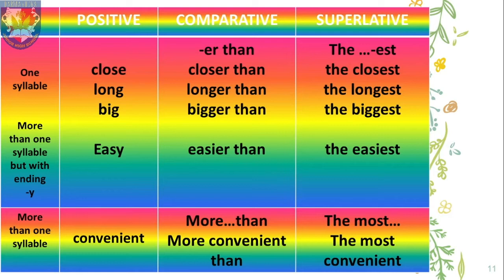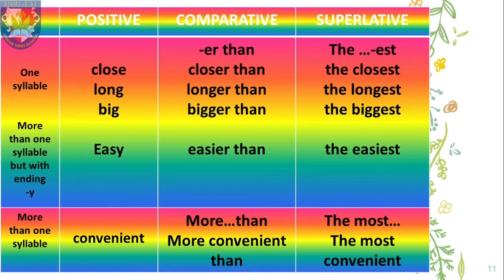More than one syllable but ending with y. For example, easy. The word easy ends with y, so the comparative form is easier. Y changes into I, and the superlative form is the easiest. And if it is more than one syllable, as the example, convenient, there are 3 syllables.